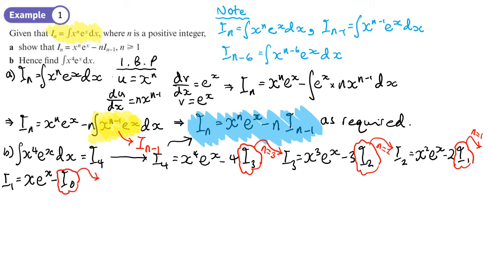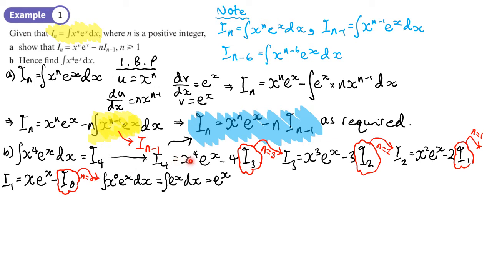Well, that's when n is 0, and I sub 0 would be this integral, integrating x to the power 0 e to the x, which is just integrating e to the x, which is just e to the x. So where we have I sub 0, I can just put e to the x.